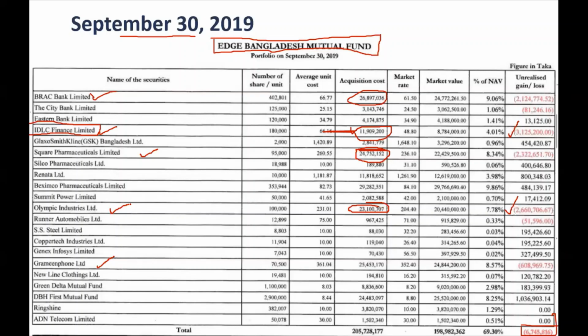So if this institutional fund didn't invest in all these equity instruments, approximately more than 20 instruments, and invested all of their money in Grameenphone, considering the prospect of Grameenphone for delivering data services during COVID-19 and having a good amount of cash flow from selling the data to its customers, what would happen to this institutional fund?